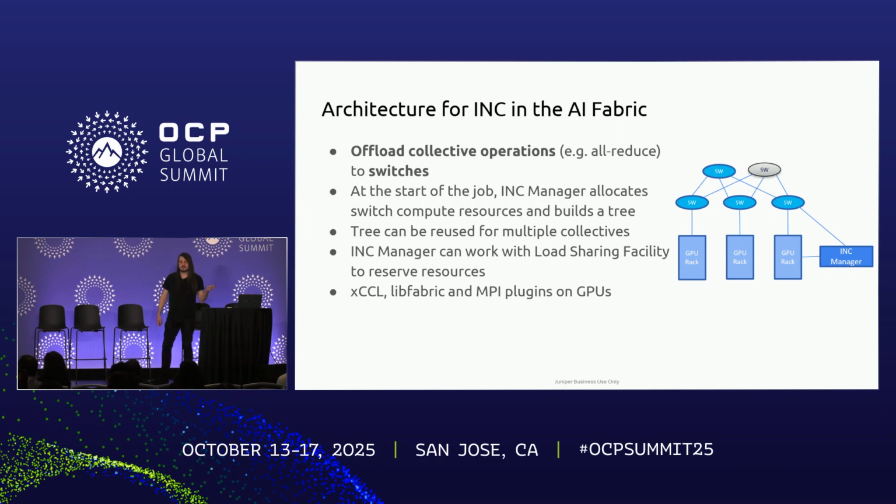Next, at the start of the job, these GPUs will try to form a group. They talk to the INC manager. The INC manager allocates a tree for that group, and then that tree can be used for a number of collective operations. The INC manager can operate standalone, or it can work with some load sharing facility to allocate resources for the INC tree.